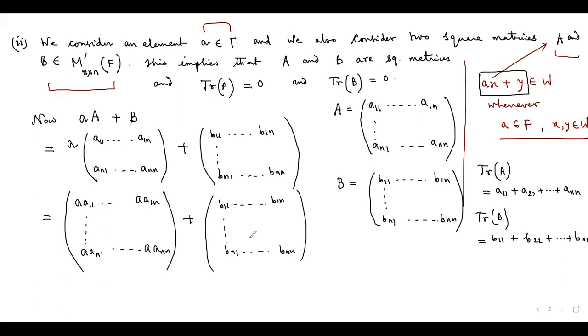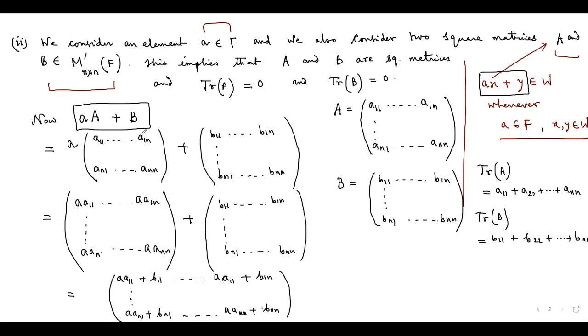And then you can add them up. So we'll get aA11 plus B11, in this manner, aA1n plus B1n, in this way, aAn1 plus Bn1 and aAnn plus Bnn. This is the form of the matrix which has been constructed here.